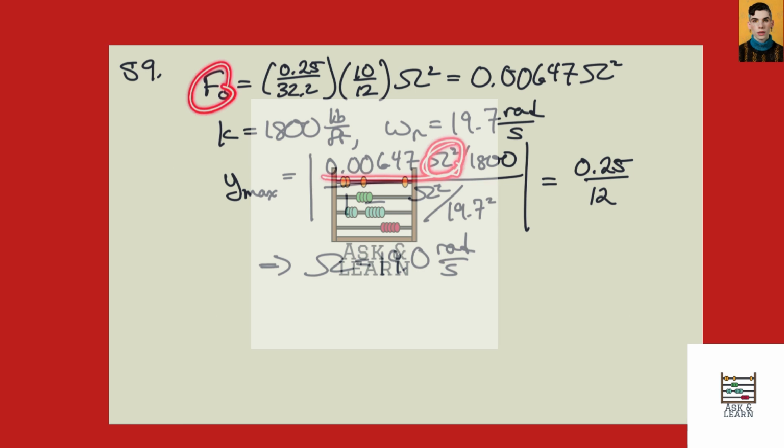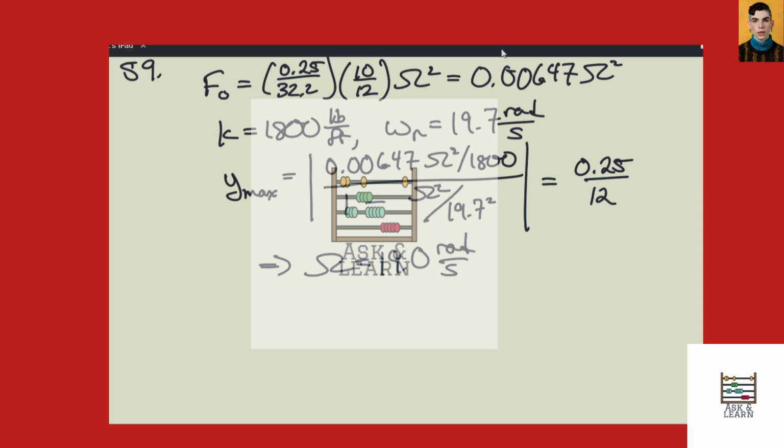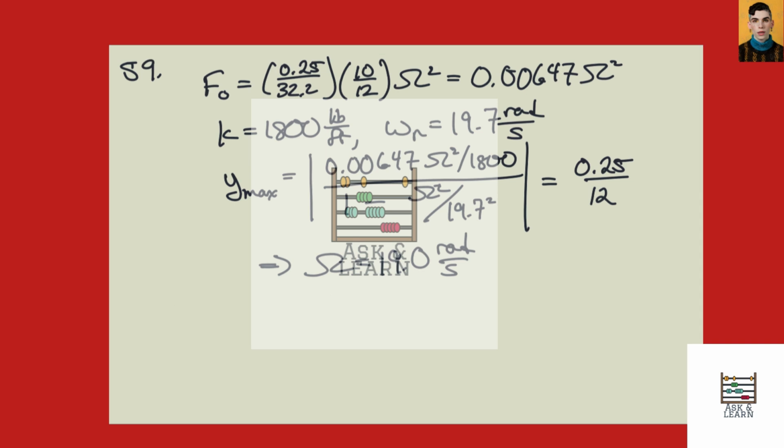So again, we have omega squared in here, divided by the stiffness, all divided by 1 minus the excitation frequency squared, divided by the natural frequency squared. And that we want to be 1/4 inch. So this turns out to give us, actually, there should be a couple of solutions here.